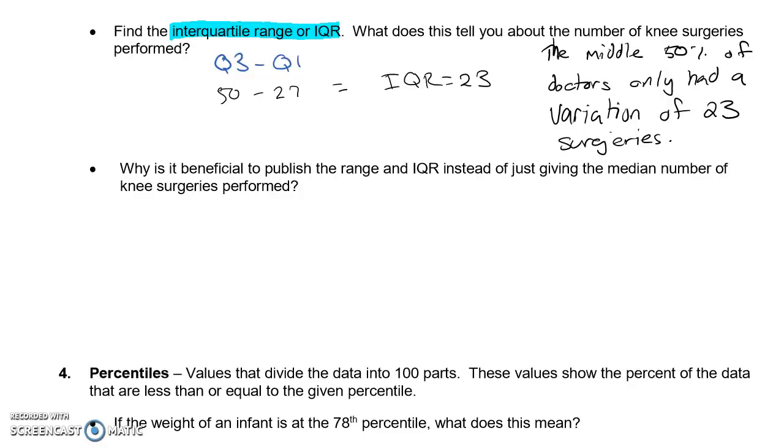There's a few different ways to look at this, though. The doctor who did the most surgeries might have a better success rate. The one with the least number of surgeries might not be as skilled or as experienced. So you might want to consider looking at success rates as well if you're actually shopping for surgeries.